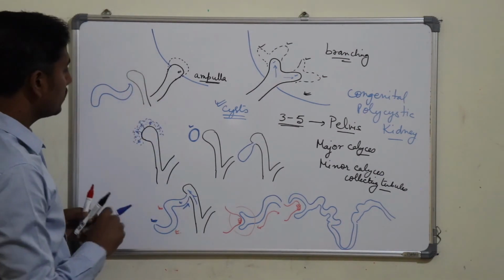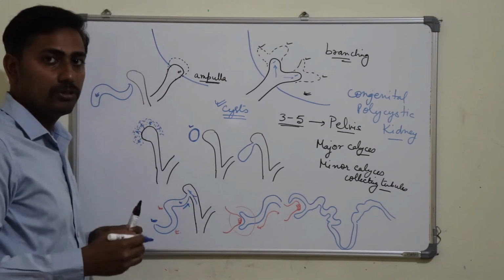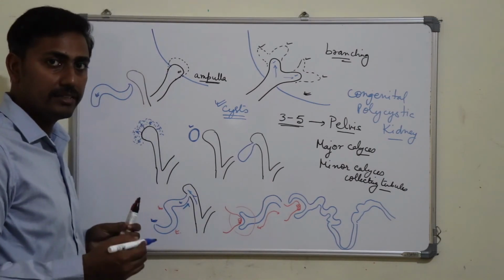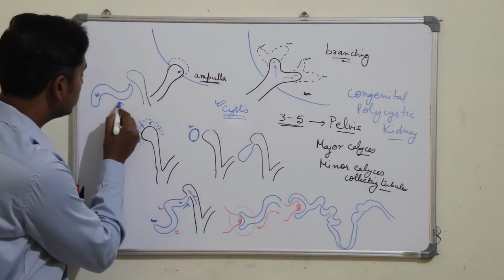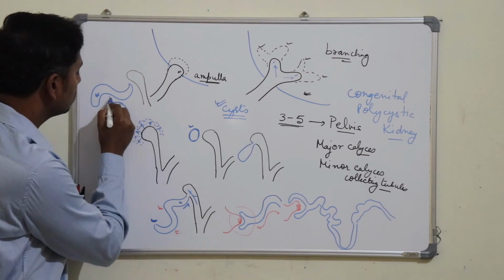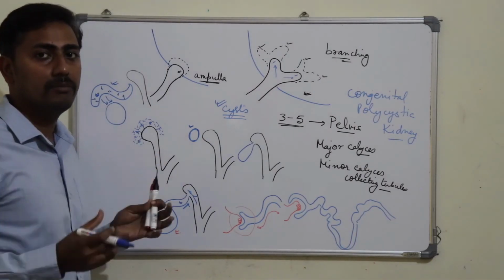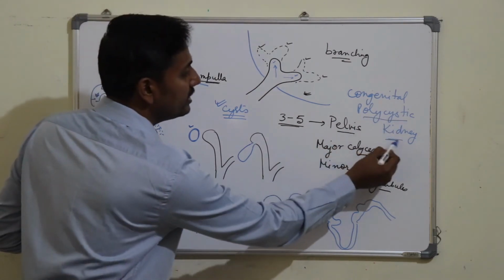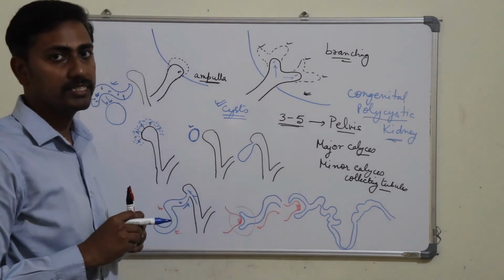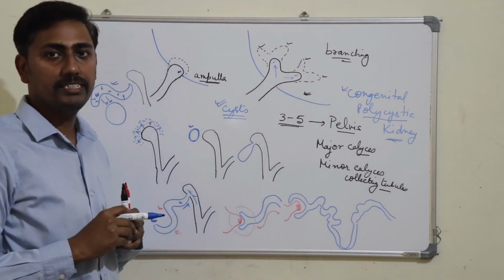But this S-shaped tubule will continue to produce urine and will become enlarged and dilated to form cyst-like structures. Okay? In this way, many cysts are formed. Therefore, it is known as polycystic kidney disease. And since it is present from birth, it is known as congenital polycystic kidney disease.